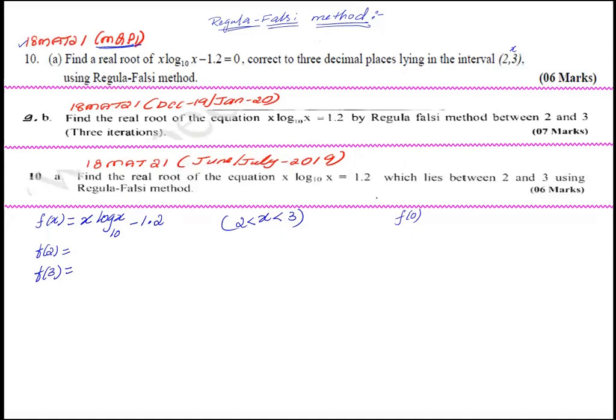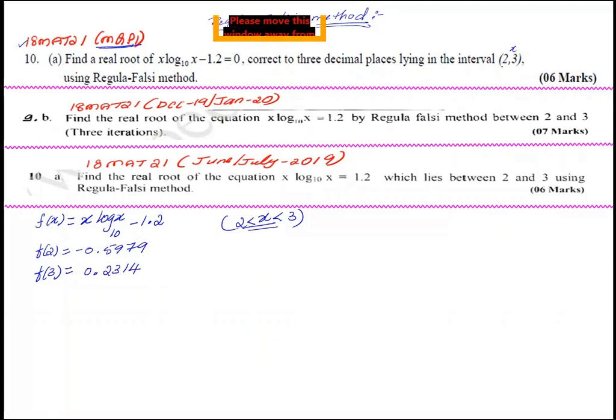So the f of 2 value, by calculator, I got as minus 0.5979. Similarly, the f of 3 value is 3 into log 3 minus 1.2, and I got 0.2314. So the root lies between 2 and 3.